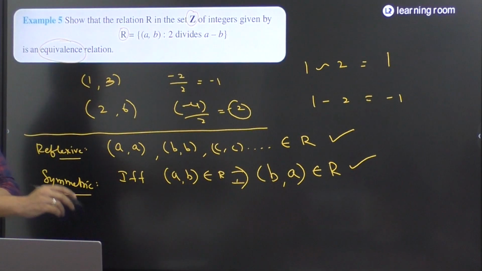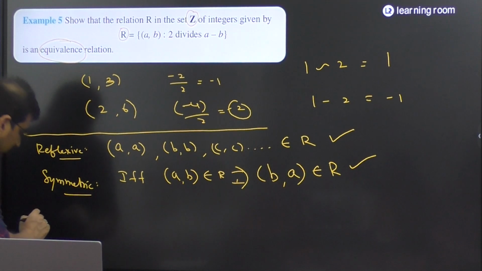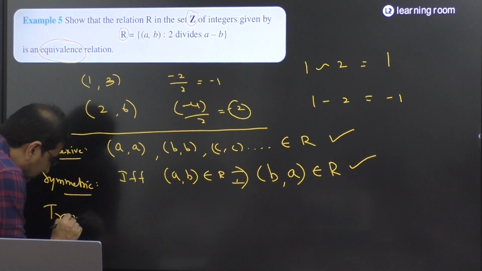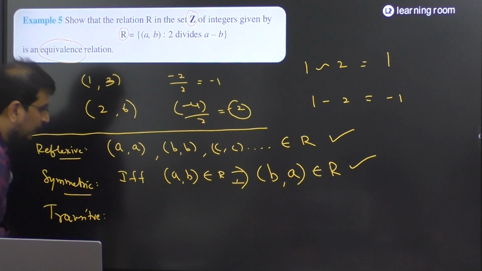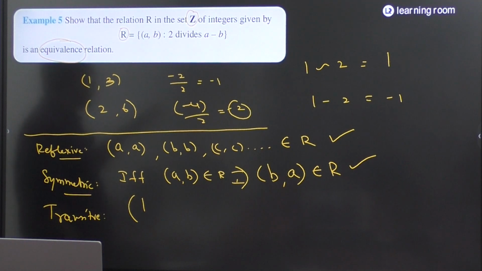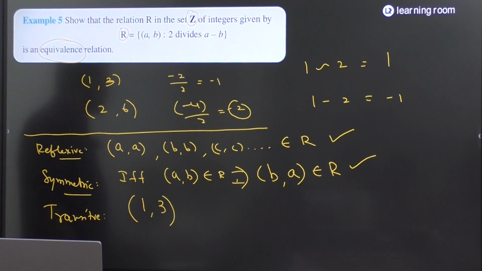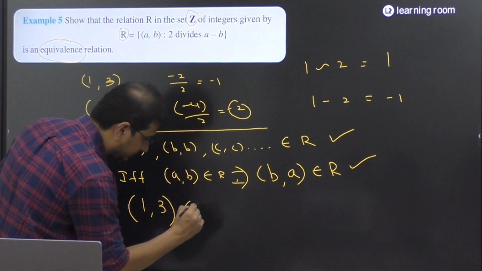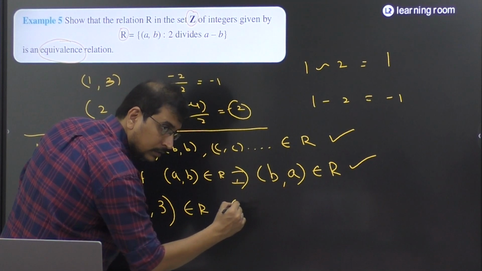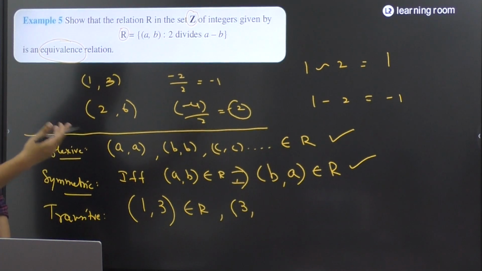What about transitive? See, for transitive, the difference between the numbers you choose should always be an even number. Suppose I take the pair (1, 3) belongs to R. And (3, ?), tell me another number. I can take 5, 7, anything.